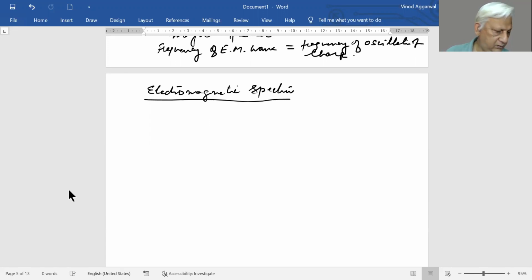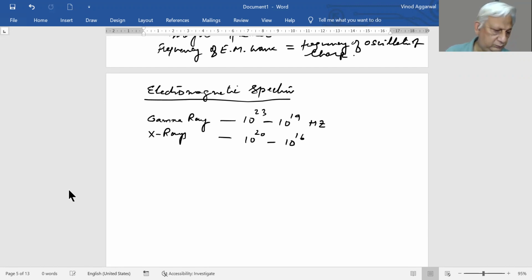So if we talk about gamma rays, this is the range of frequency in hertz. Then come X-rays. Frequency is... UV is between 10 to 17 to 10 to 15 hertz. They are all hertz.